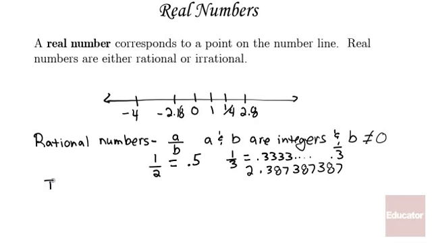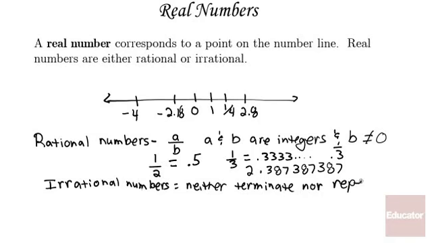Irrational numbers cannot be expressed in the form a over b. They are expressed in decimal form, but they neither terminate nor repeat in decimal form. They just go on indefinitely.